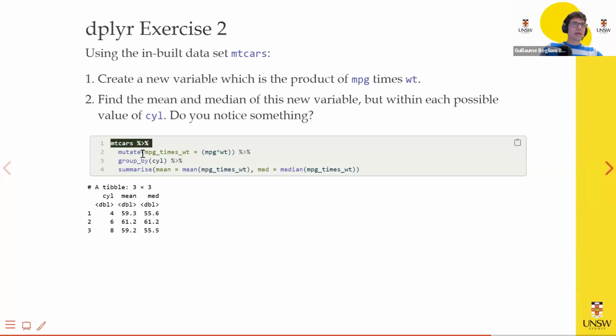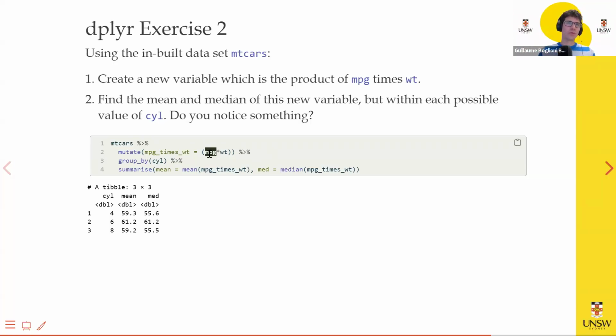I'm grabbing my data set, mutate, I'm creating my new variable. Here again, I name this whatever I like, MPG times WT for weight. And then, I didn't say it, but hopefully it's clear enough that those are the multiplication of two vectors, row by row, right?